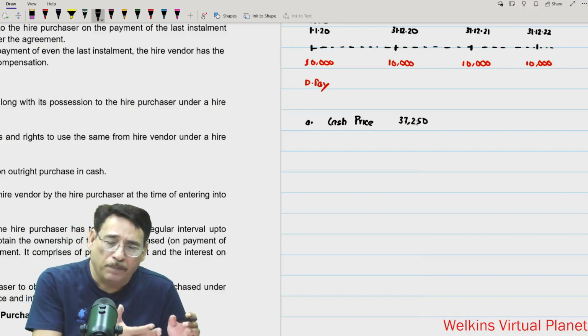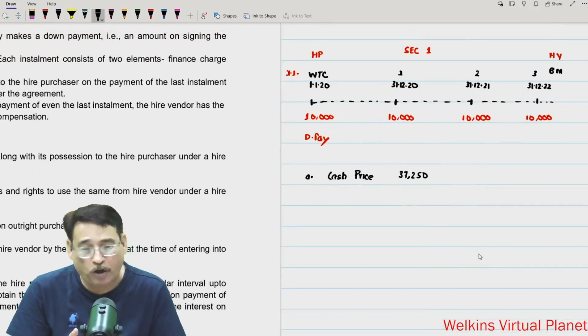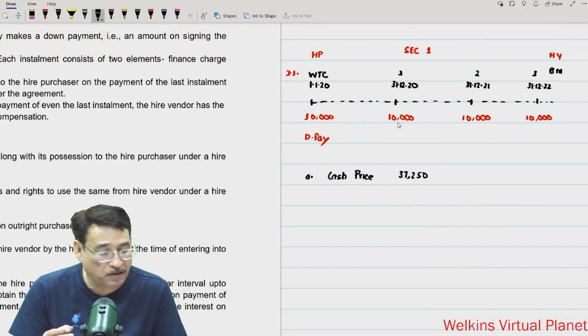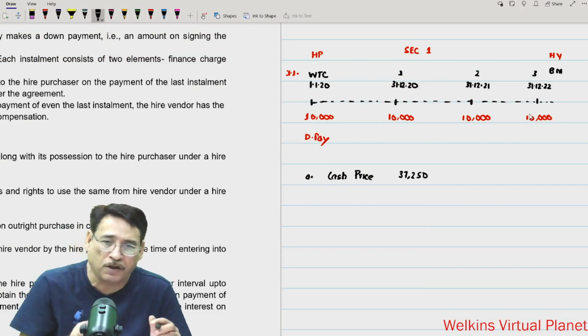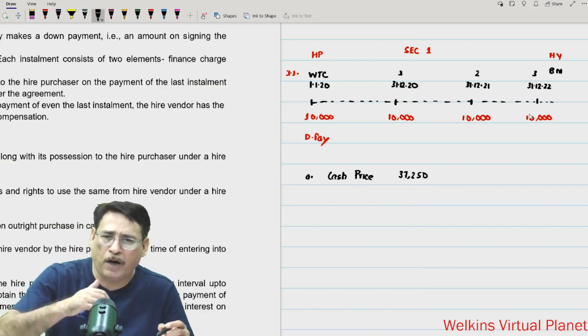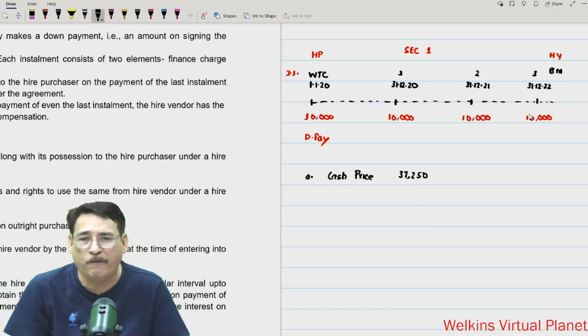And as per the information given in the question, they have bought a motor car and initially they have paid 10,000 and they are supposed to pay 3 more installments of 10,000 each. That means in total they are going to pay 40,000. But if they had paid the full amount at the time of purchase itself, then they would have paid 37,250 only. Is it clear to you or not?